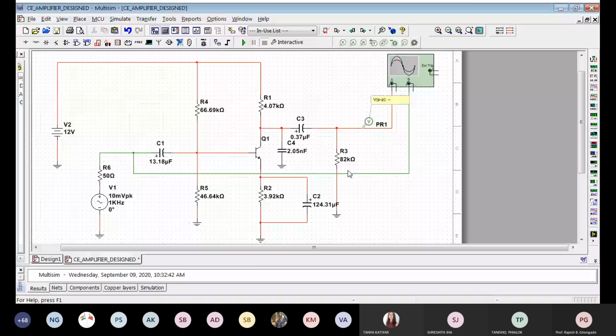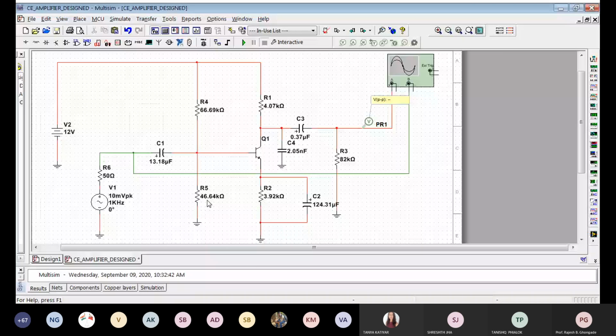Can you see this? Yes, sir. So check out all the values: R1, R2 here, C1, C2, C3, C4.